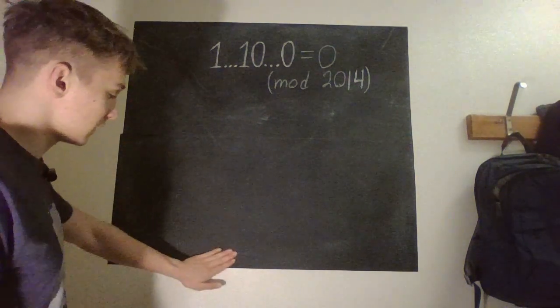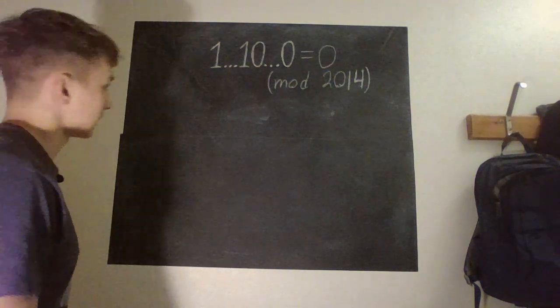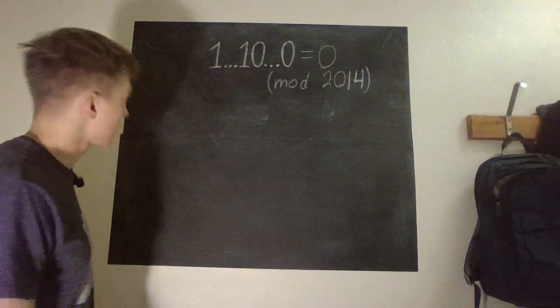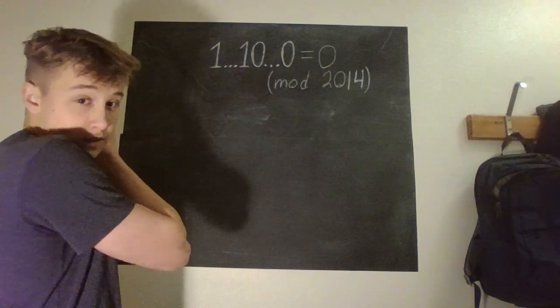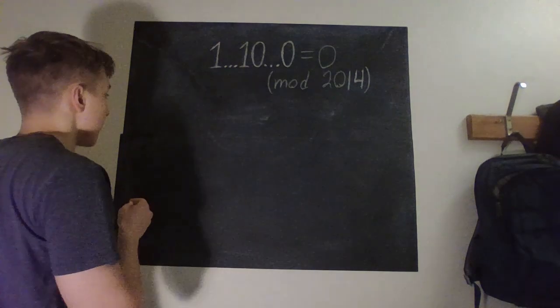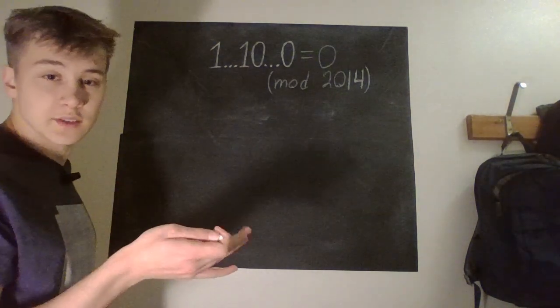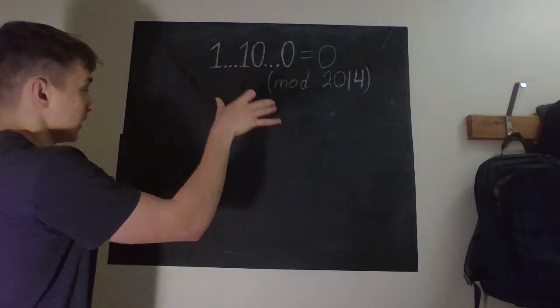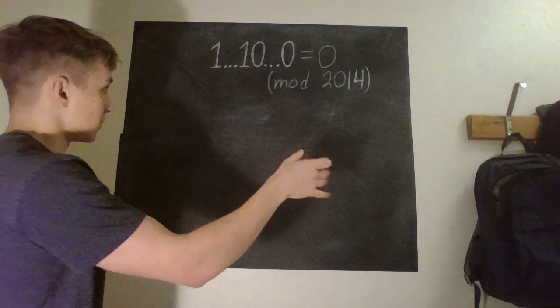Okay, so firstly, we should note that a number on the form a bunch of ones and then a bunch of zeros can always be written as a number with only ones, minus a number with also only ones.